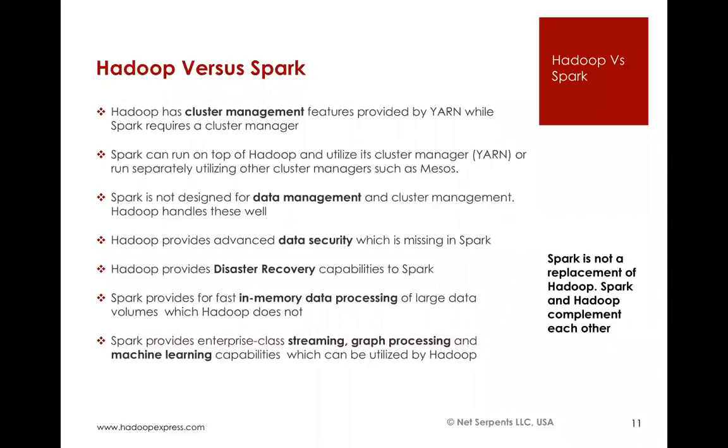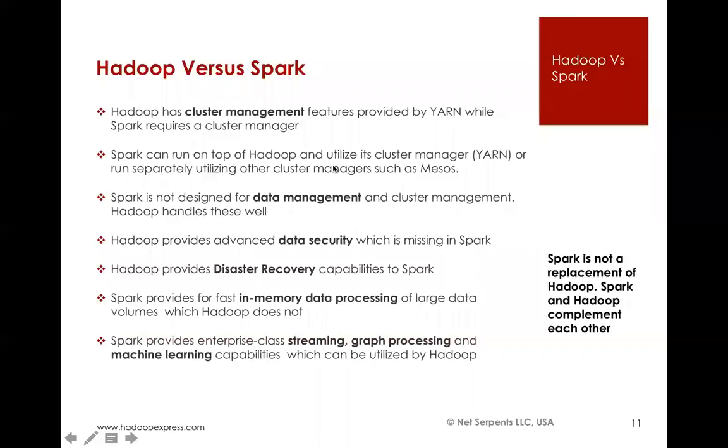That kind of capability is missing in Spark. So whenever Spark needs to run, it needs cluster management software. Very typically it uses Yarn, which is a product that came about after Hadoop was born, so it kind of complements Spark. If you have Spark running, you would need something like Yarn, or as I said before, there's another product called Mesos, which was also developed by the University of California at Berkeley.